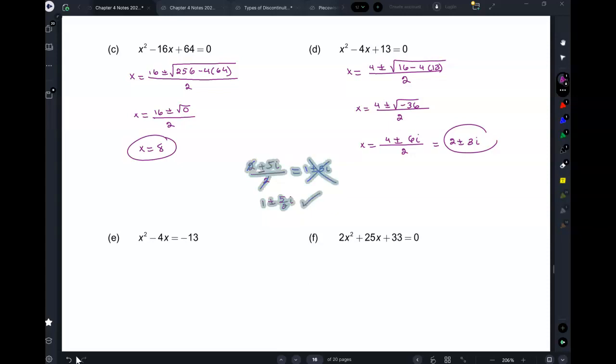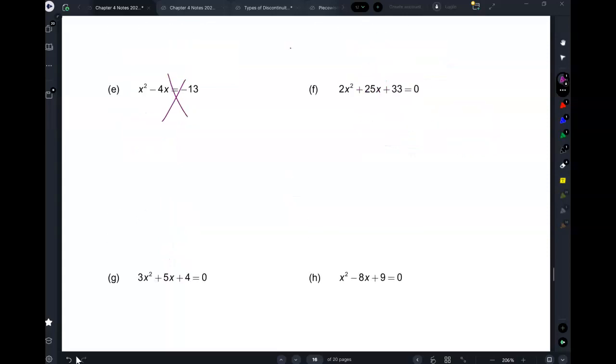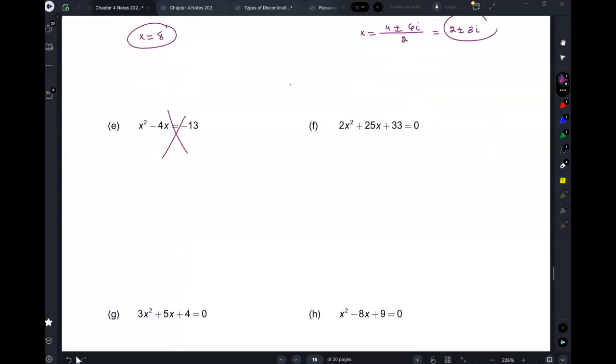Okay, this next one, E, is actually the same one as D, so let's just skip it. Okay, this one. Negative 25 plus or minus, what's 25 squared? 625.